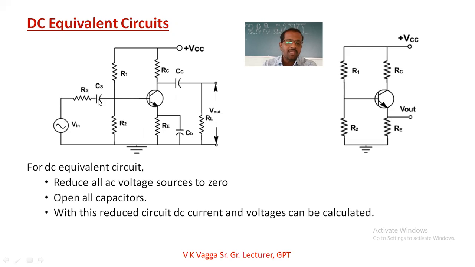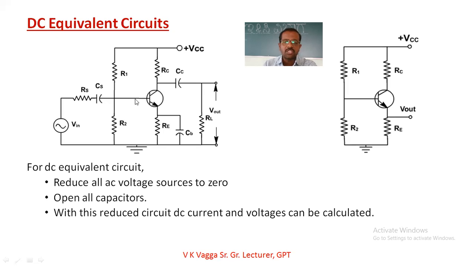When it is opened, it does not have a connection with the input. In the same way, if the output capacitor is open, the collector does not have a connection with the load or the next stage. And in the same way, the bypass capacitor, if it is open, the emitter does not have a connection with the ground.